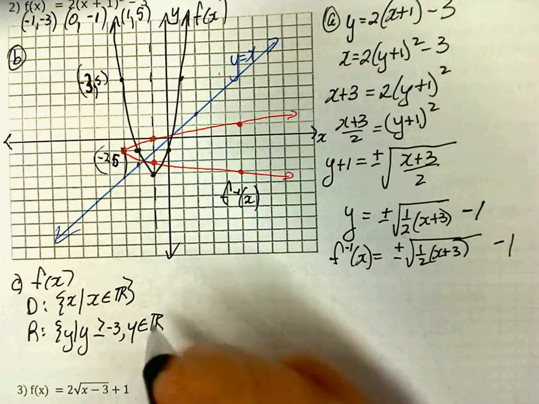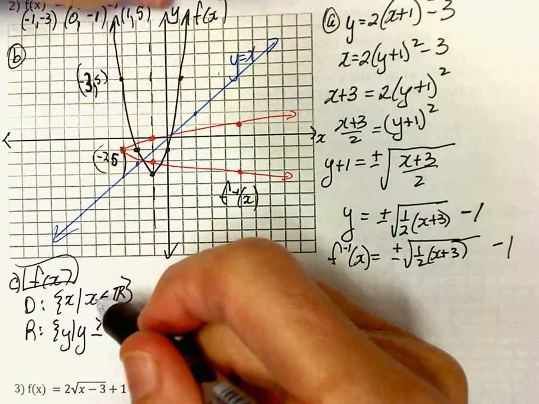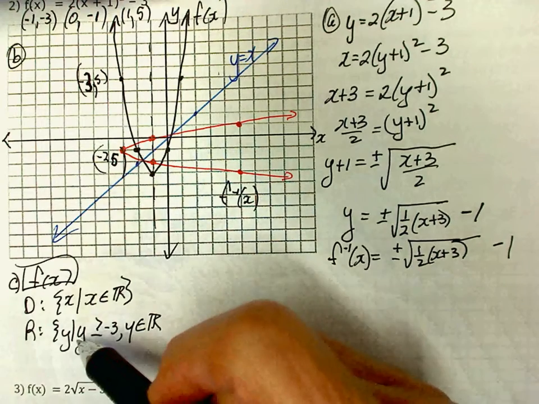So because we swap x and y, the domain of f of x becomes the range of the inverse, and the range of f of x becomes the domain of the inverse.